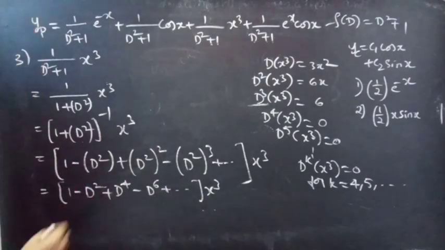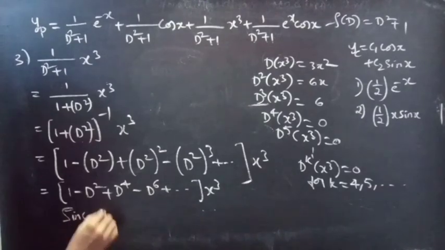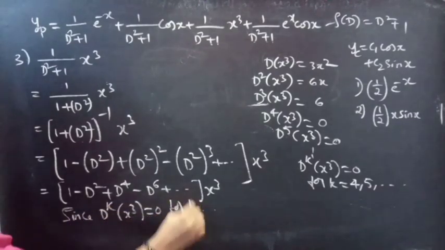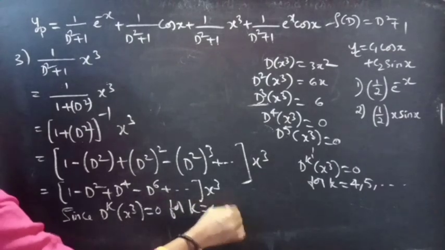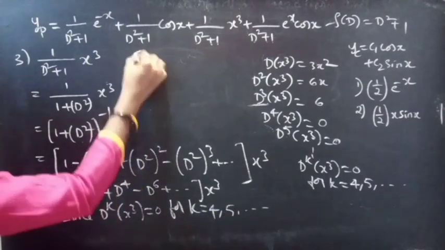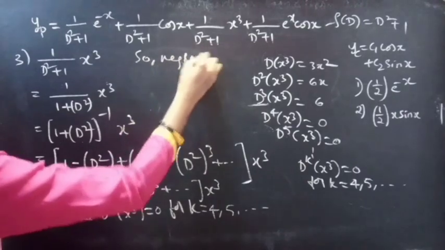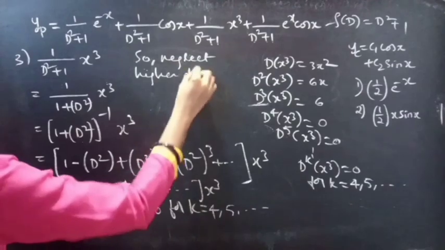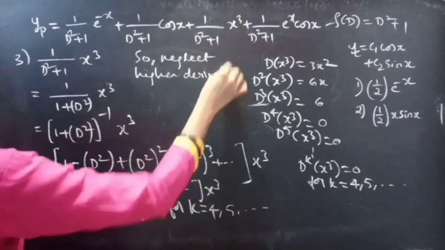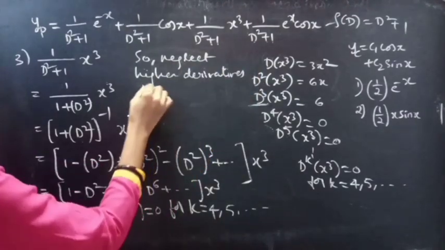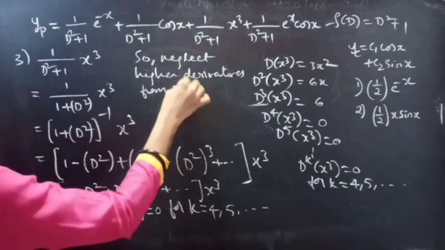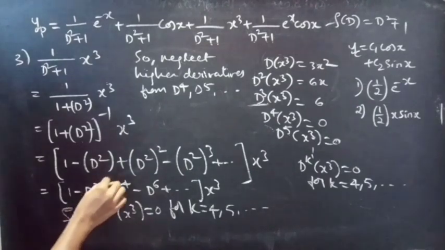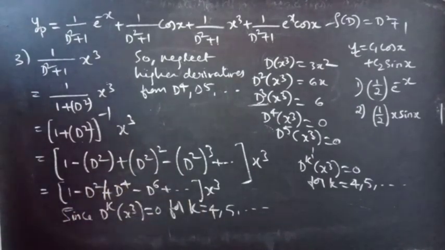Since D power k of x cube equals 0 for k equals 4, 5 and so on, we neglect higher derivatives from D power 4, D power 5 and so on. So we'll neglect all the terms from here, right?